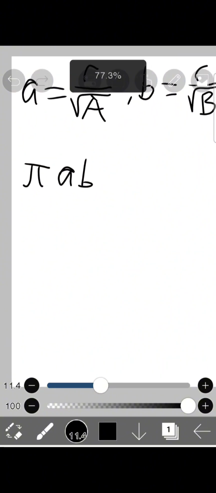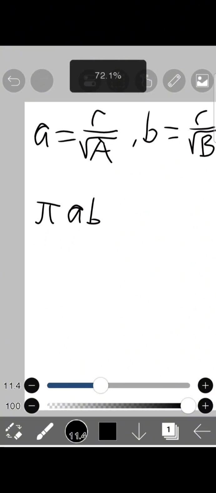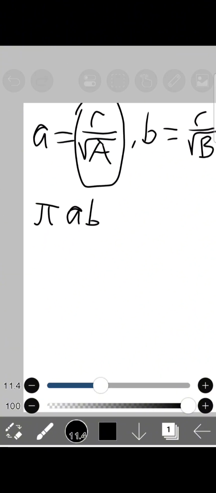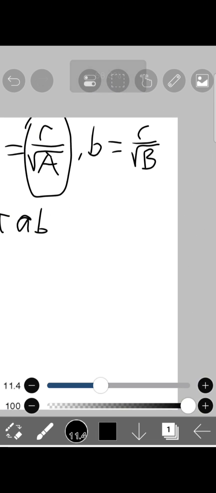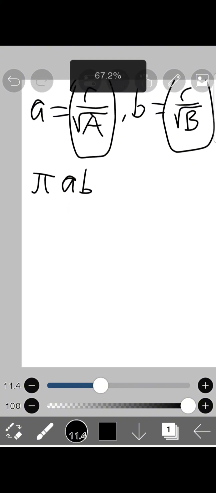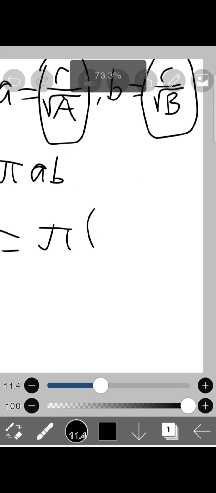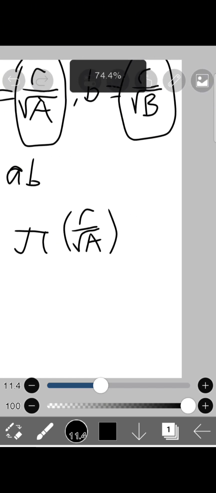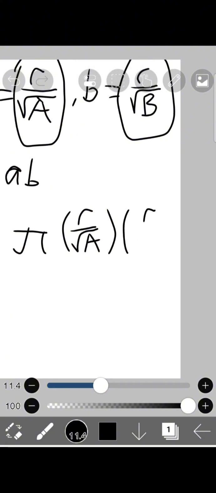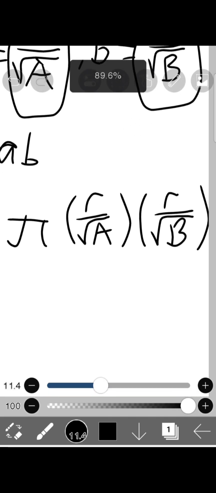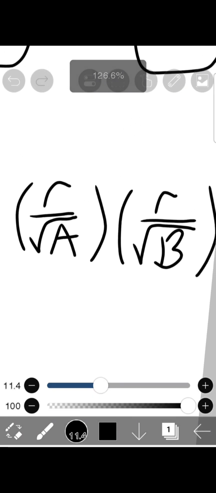Alright, so let's go ahead and substitute it. Remember, our a is r all over square root of a, and our b is r all over square root of b. So we have pi multiplied by r all over square root of a multiplied by r all over square root of b. Now let's combine these numerators.